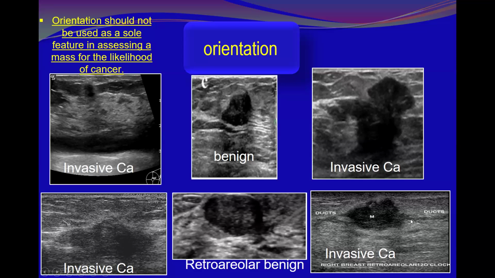But these two are horizontally oriented, also invasive cancer, one from the literature and one my patient. Both are proven invasive cancer and oriented horizontal, or parallel. And these lesions are parallel and in the retroareolar region. So not all retroareolar masses are supposed to be oblique or non-parallel in orientation.